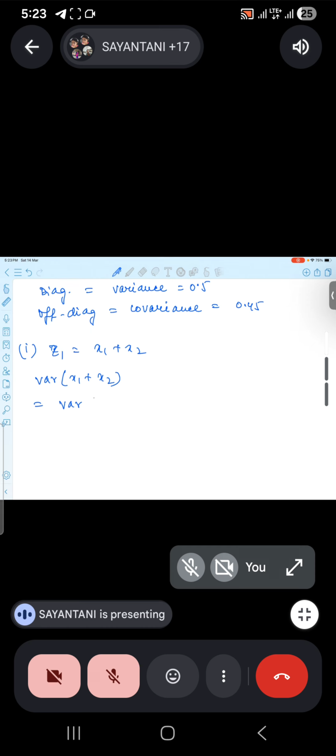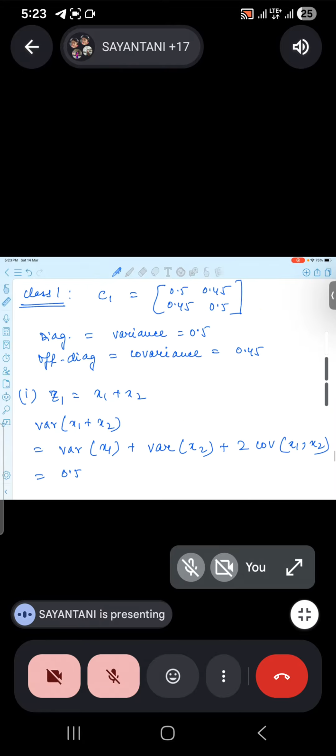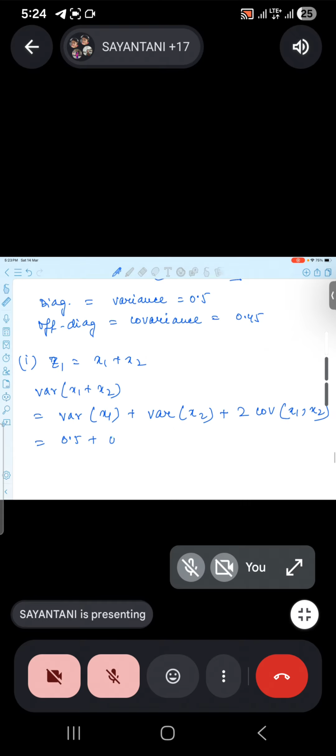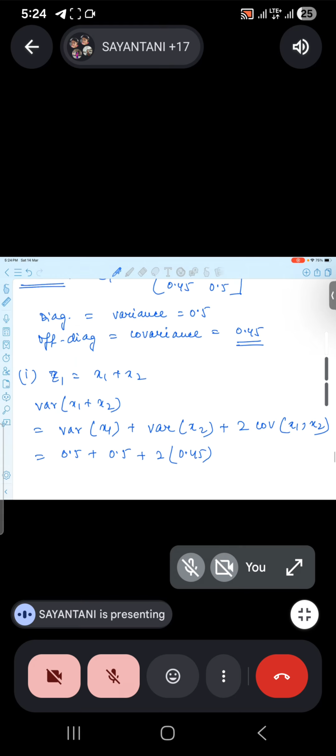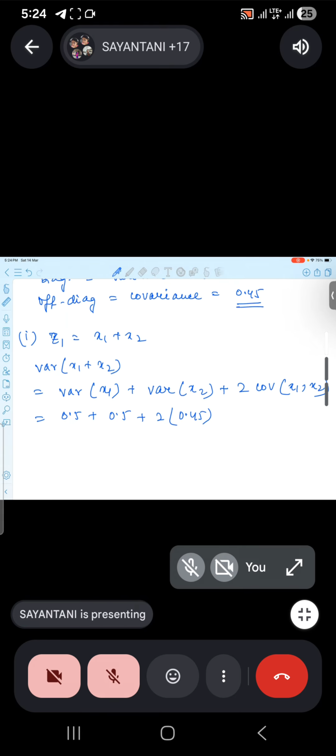This can be written as variance of x1 plus variance of x2 plus 2 into covariance of x1 comma x2. So we know the variance of x1 from this matrix. So they are same, 0.5, 0.5 plus 2 into the correlation between the two components, that is 0.45. Okay. So we get the answer as 1.9.